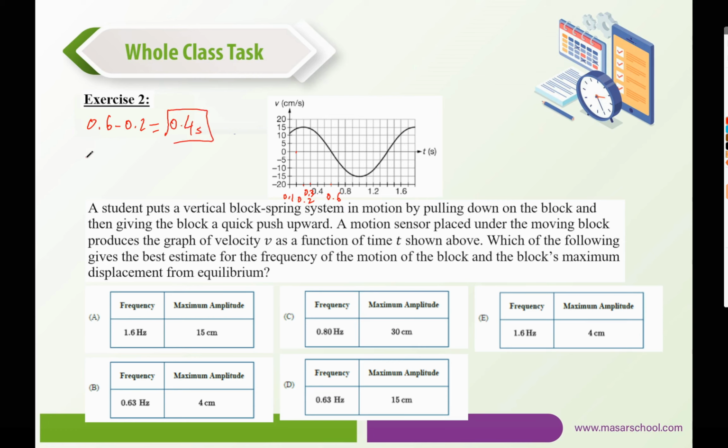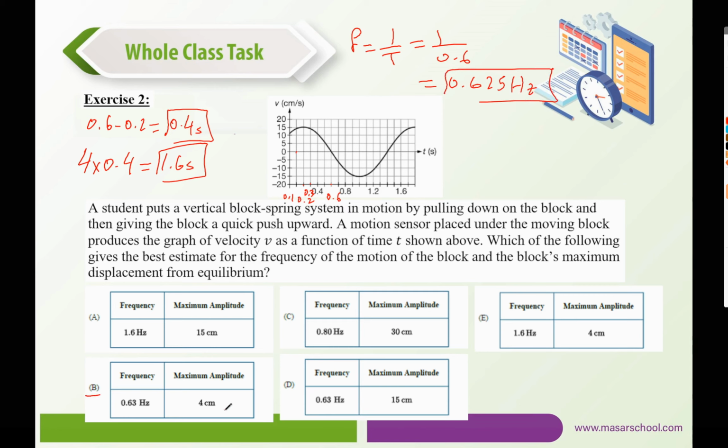And the period, which corresponds to 4 amplitudes, would be 1.6 seconds. Now the frequency is given by 1 over the period, which is 1 over 1.6, and that would be almost 0.625 Hertz.